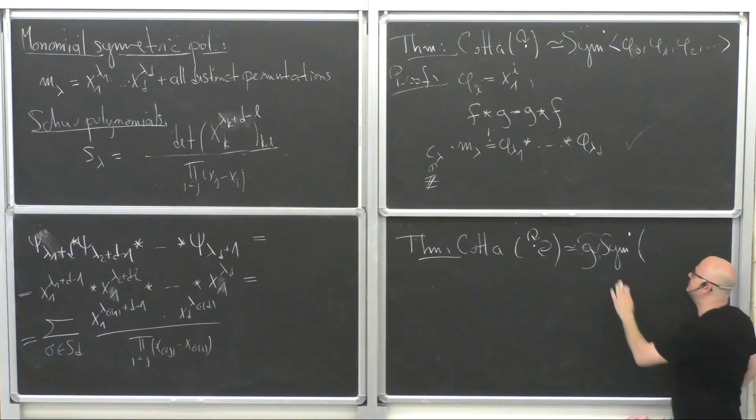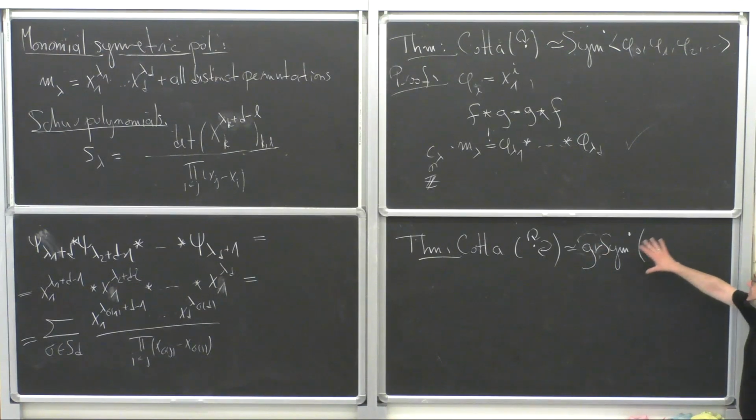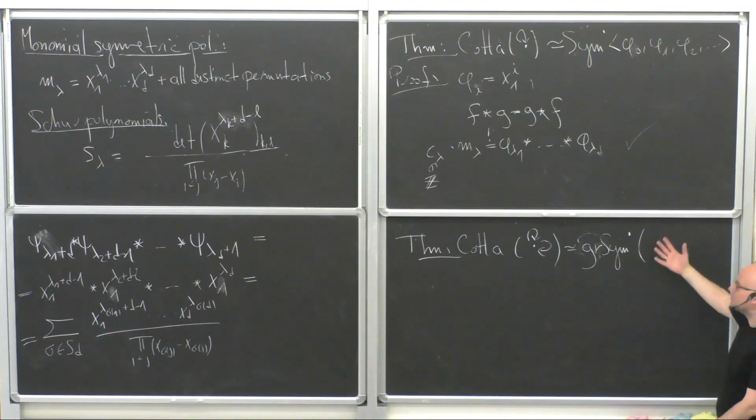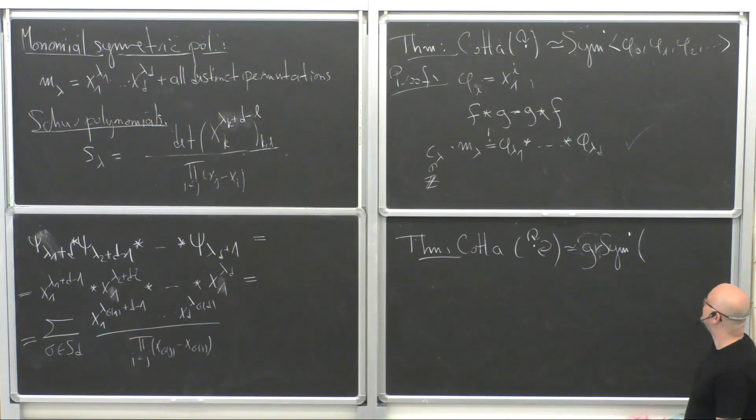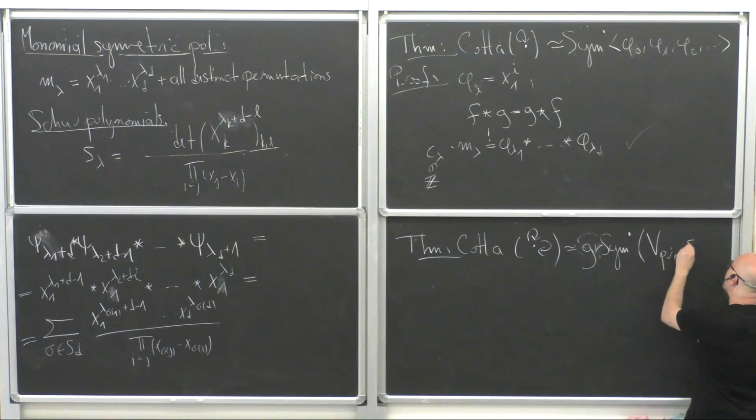What does this mean? There will be a set of generators which has odd degrees and even degrees. In the even degrees, it's a symmetric algebra, the commutator vanishes. In the odd degrees, it's an antisymmetric algebra, the anticommutator vanishes. Graded symmetric algebra over a certain set of generators, V primitive, and another free variable Z.